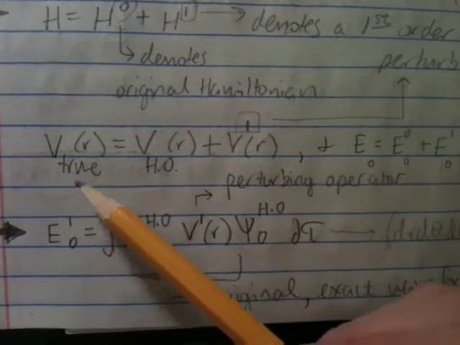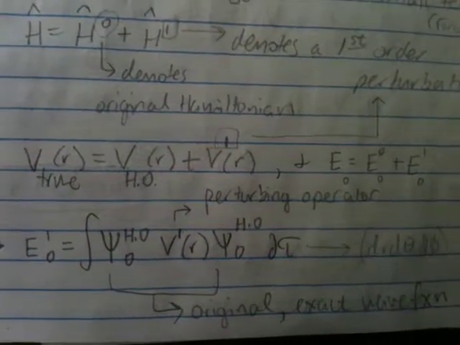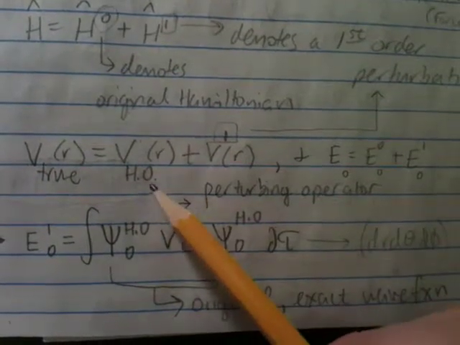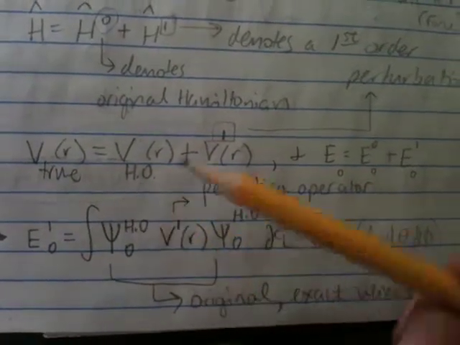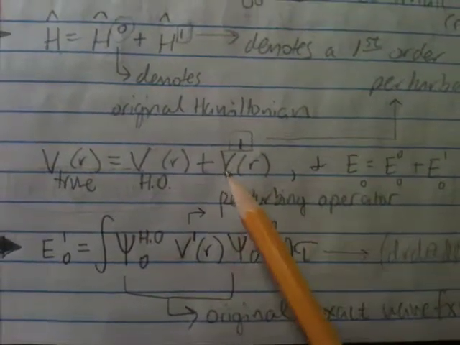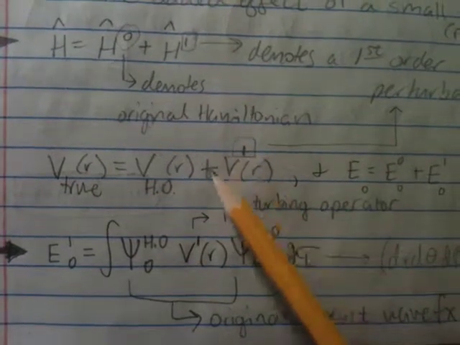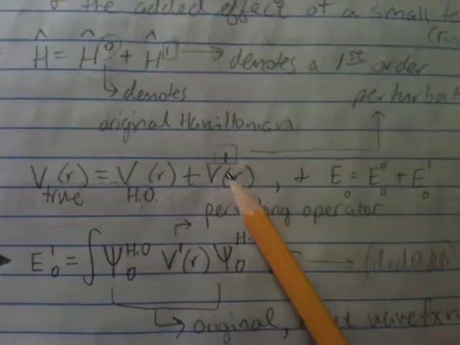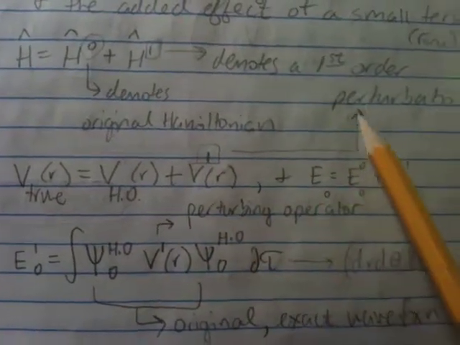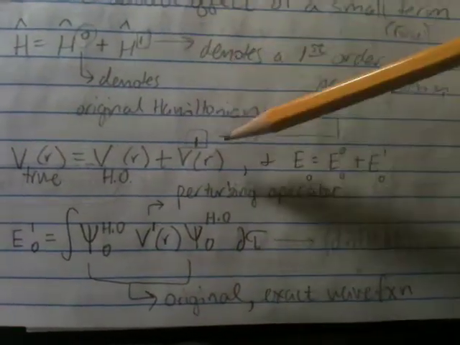Similarly, the true potential is going to be equal to your original exact solution, in this case a harmonic oscillator, plus your perturbing potential function, which was also a first order perturbation, as denoted by the prime.